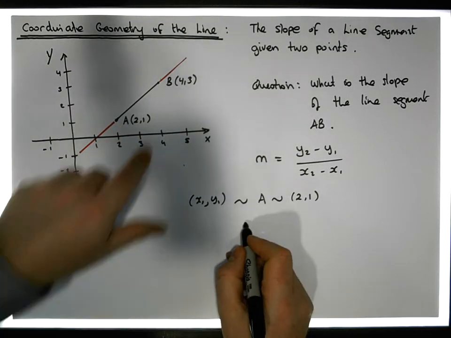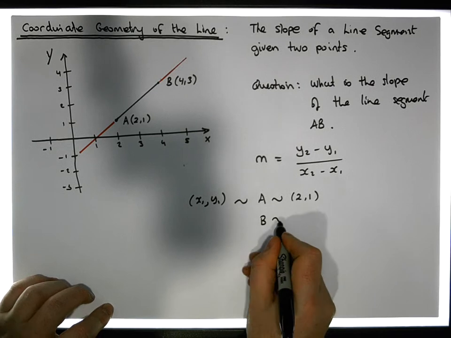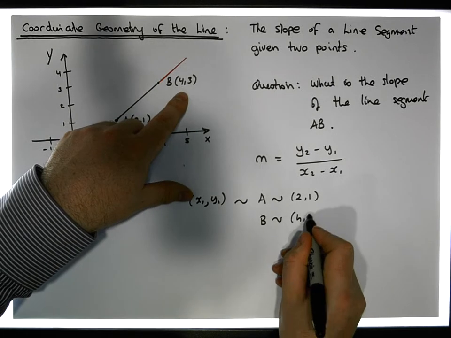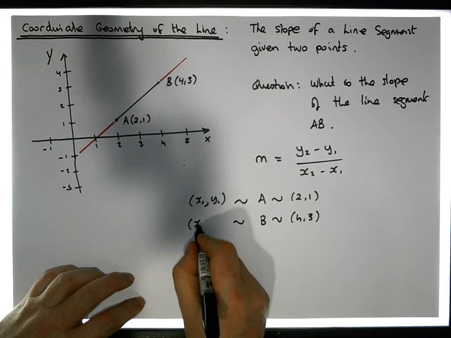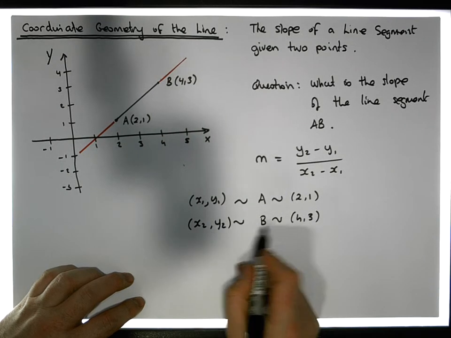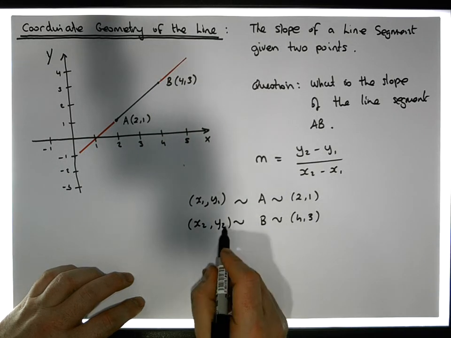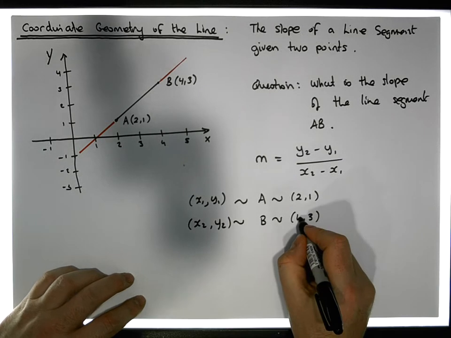Then our second point is B, which has coordinates 4, 3, and in our formula it represents the values x2, y2. It has an x coordinate and a y coordinate, and this is our second point. So that should be a 4 there.